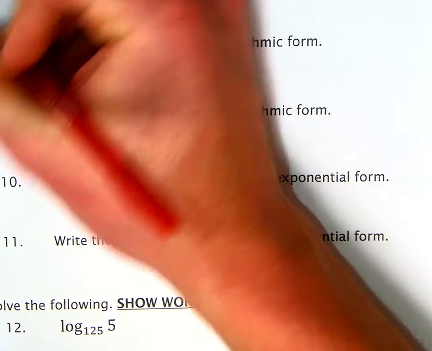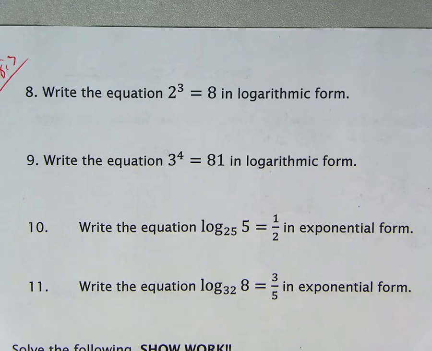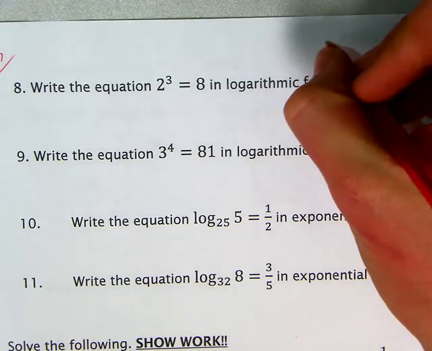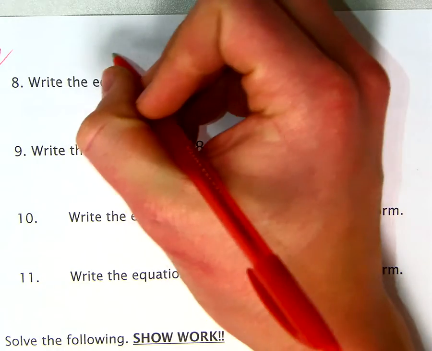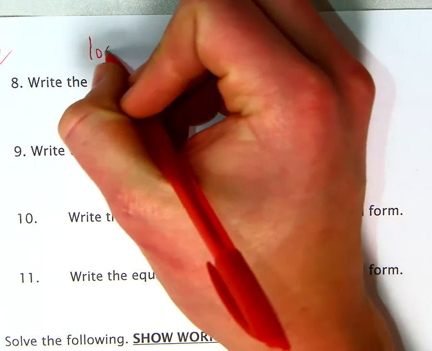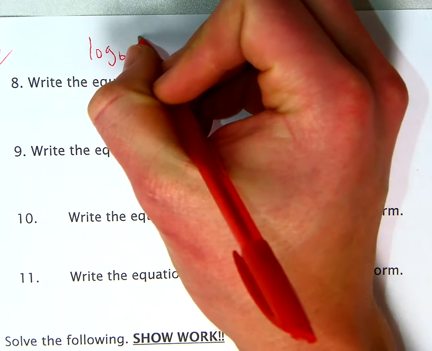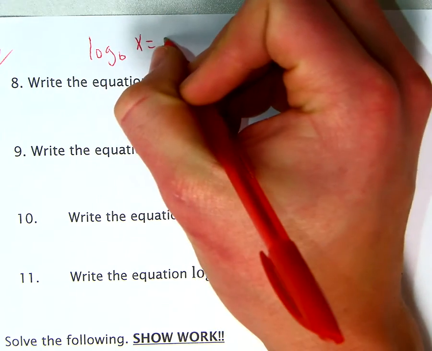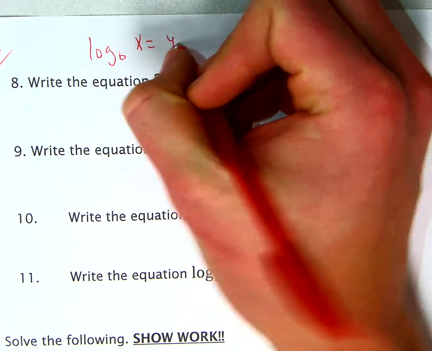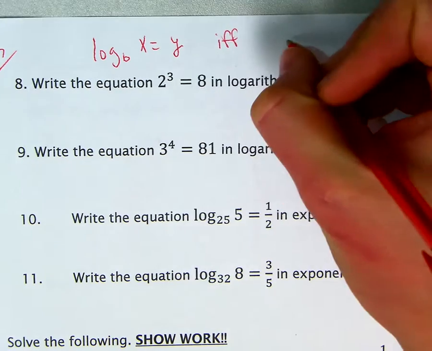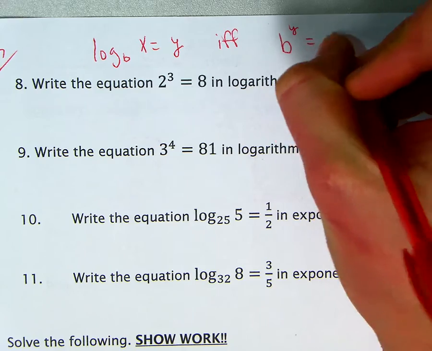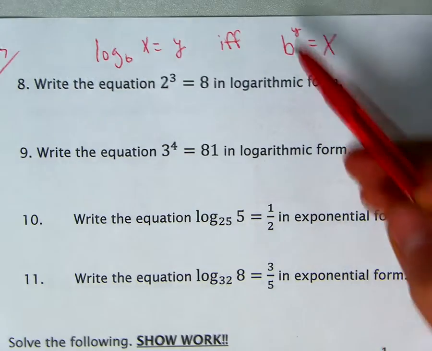Now we have 8-3. Anything writing, we're just going from one form to the other. Remember, we worry so much about this right here: log base b of x equals y, if and only if b to the y equals x. This is so important.